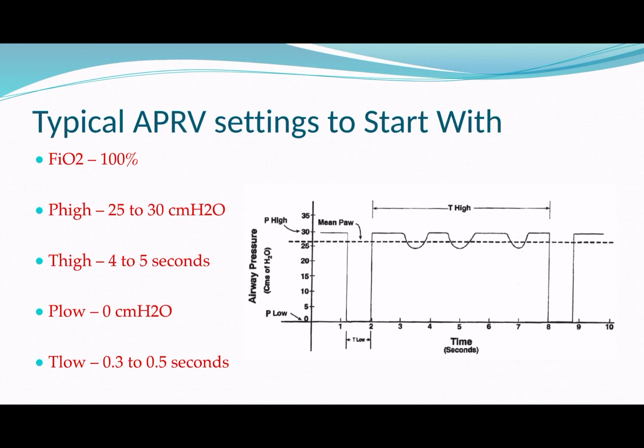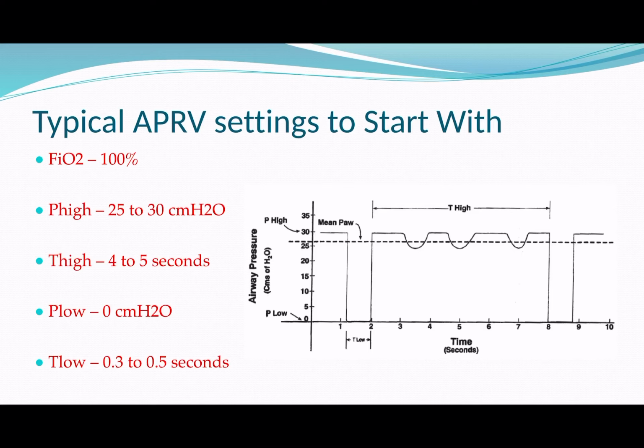So sometimes starting even lower at 15 centimeters of water as the P high and then slowly working your way up could also help. But generally speaking, during the worst part of a patient's respiratory failure, you're around the 20 to 30 mark in terms of the high pressure.